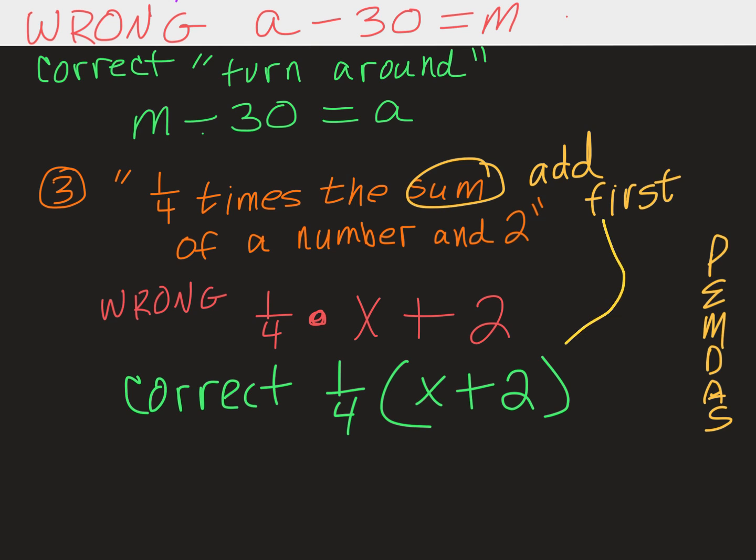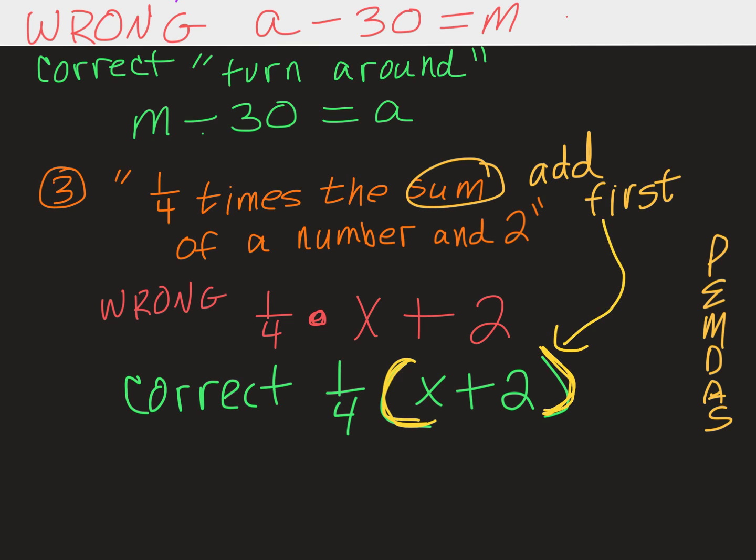So I've got to have those parentheses around it. That indicates that I'm going to do that addition first, then I'm going to multiply it. So it's just a tiny, tiny difference. But that tiny difference makes the difference between getting full credit on your quiz and not full credit on your quiz, right? So that tiny difference makes a difference.